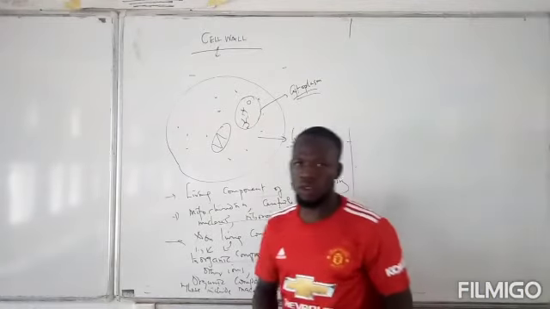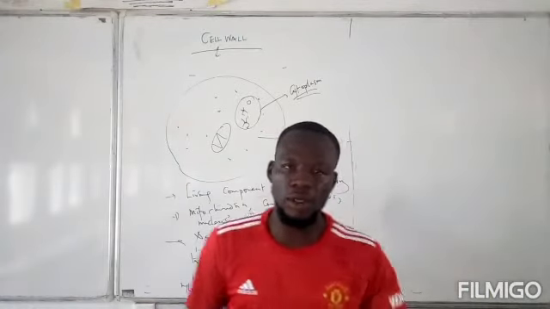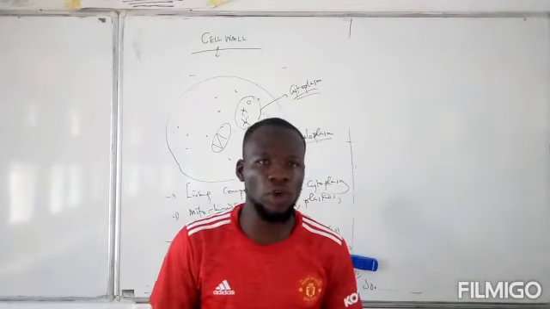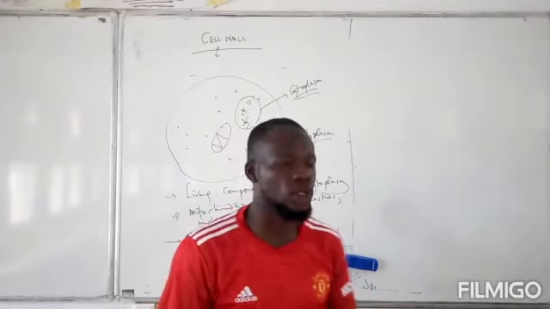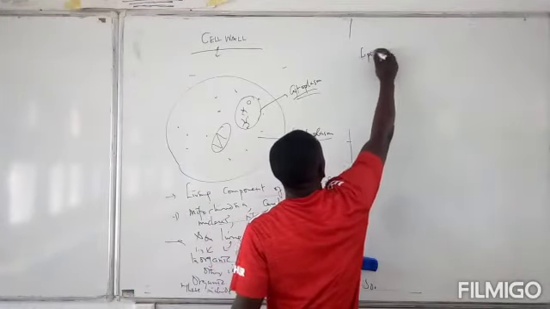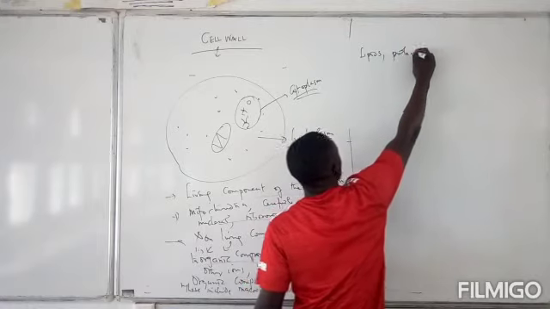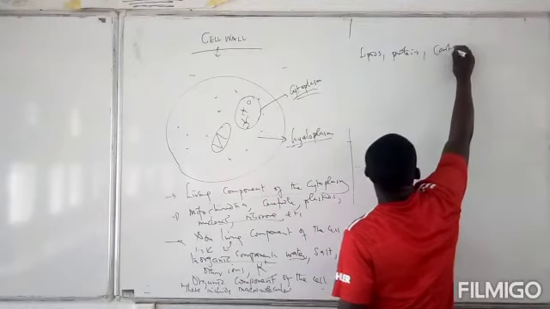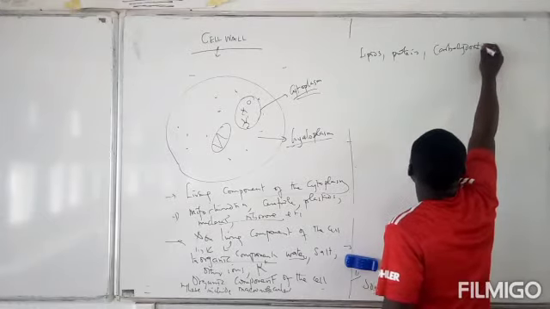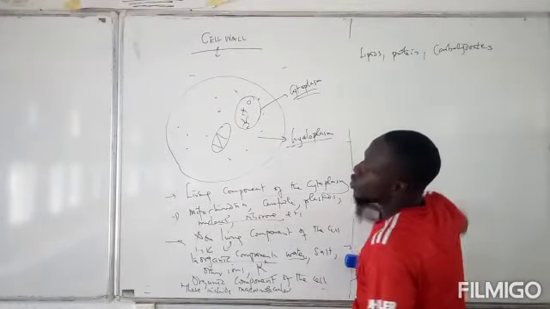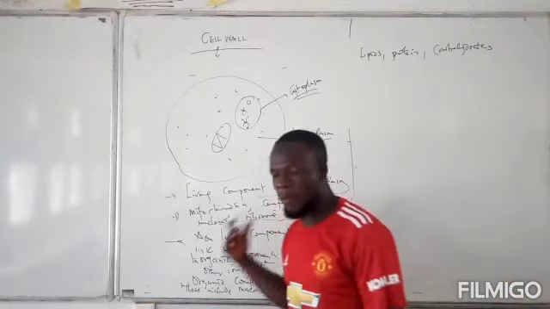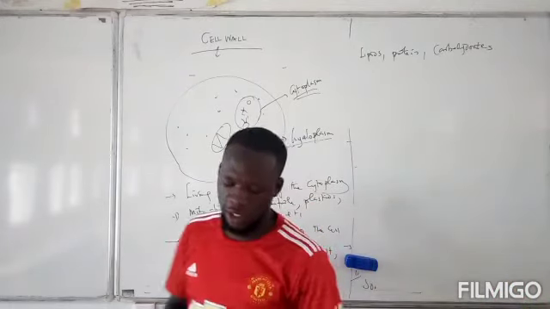The macromolecules are organic compounds found in the cell, responsible for the metabolic functions and the growth of all living organisms. These include your lipids, your proteins, your carbohydrates. So these are the macromolecules that are responsible for the metabolic function of the body system.